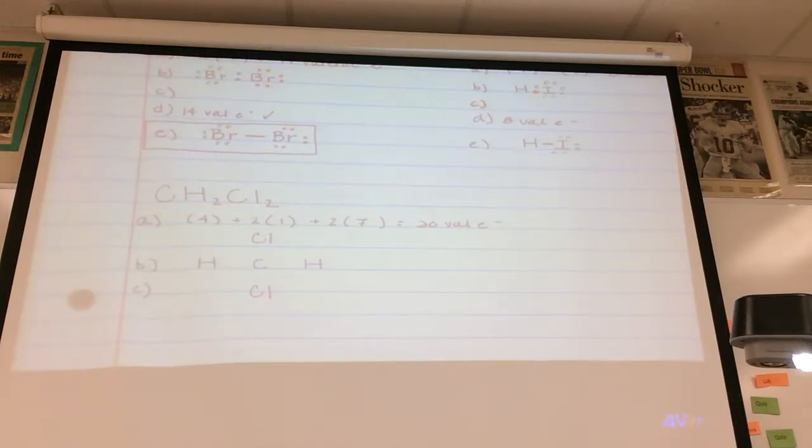What do we do next? Valence electrons. Carbon has 4, 1 on each side. 1, 2, 3, 4. Hydrogen has how many? 1. And what does chlorine have?